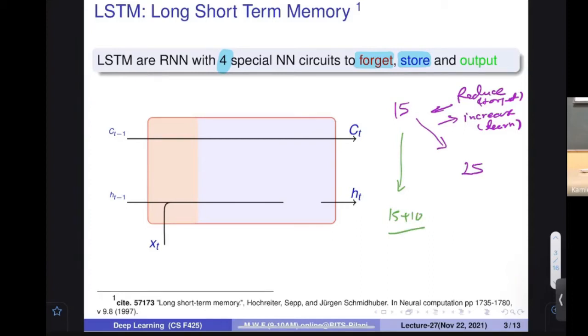Or you can say that I'm going to forget this context. Whatever I have, I'm going to lose 1/3 of that. So 1/3 you are going to lose means what? It becomes 5, and then you are going to say that I'm going to learn something and add 20 on that. It again becomes 25. There are two different ways.